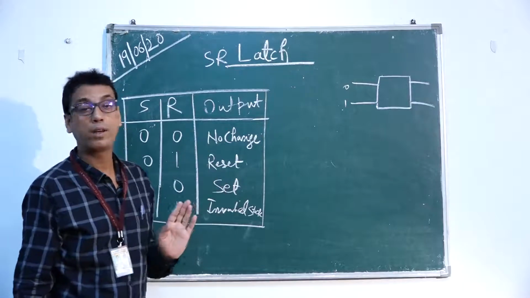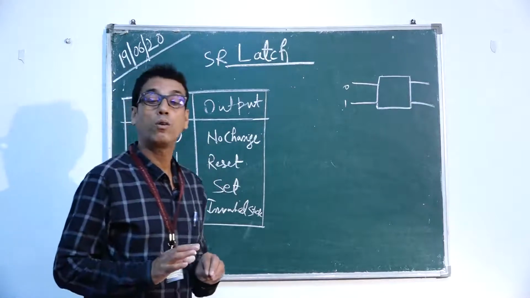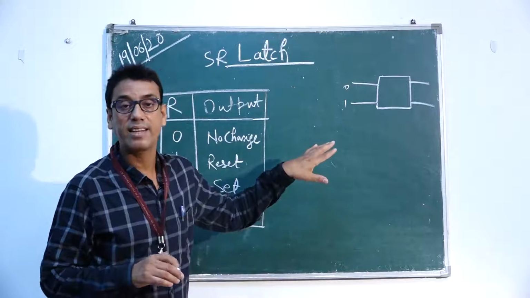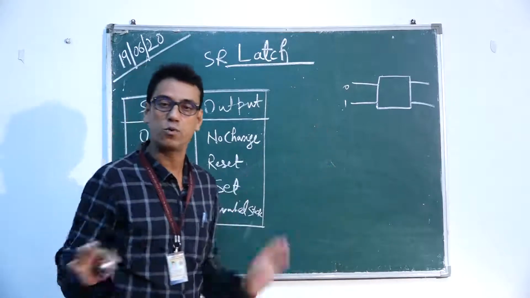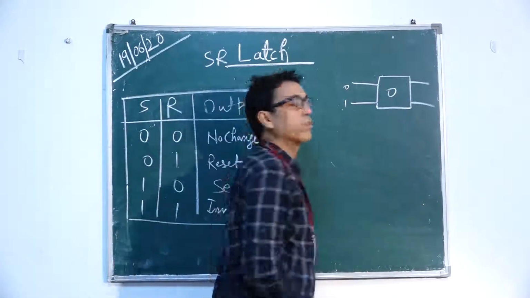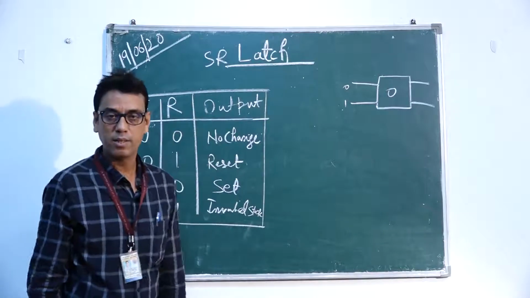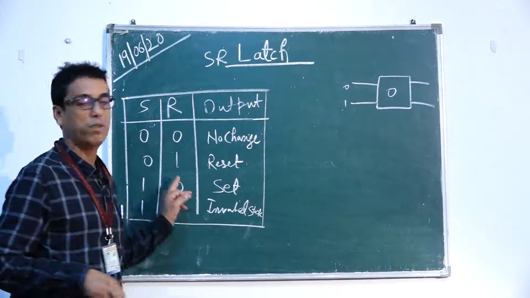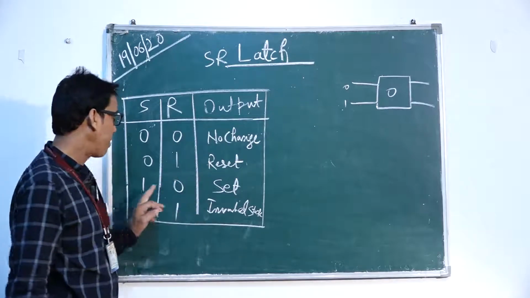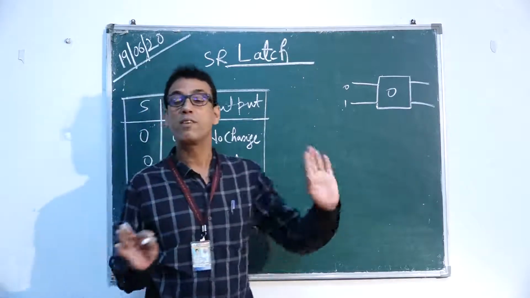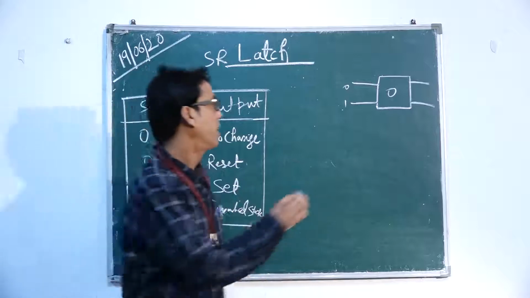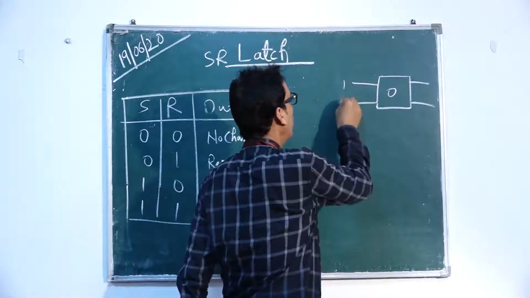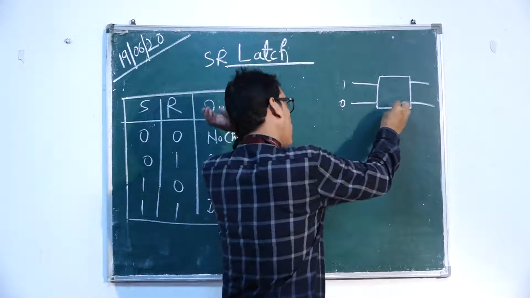Whatever is available inside the circuit, no matter whether it is 0 or 1, it will be converted to 0. Means the circuit will store 0 if I say 0 1. And if I say 1 0, no matter what is available inside the circuit, it will store 1.